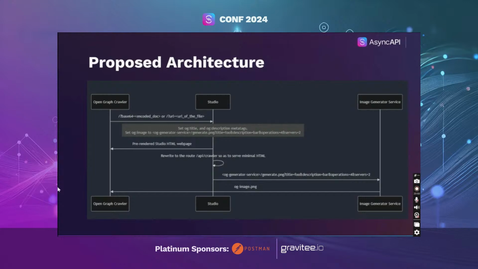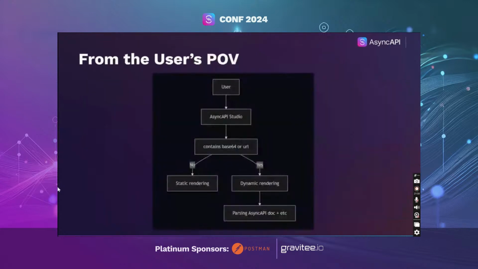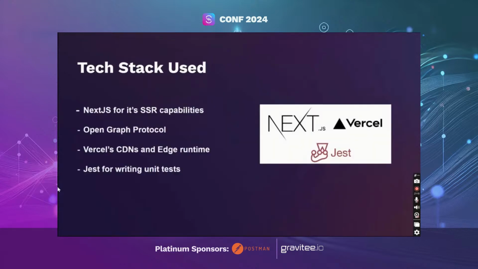A lot of the content is being generated directly on the server, which has decent computational capability. Hence we can extract these Open Graph tags directly on the server itself, where the Studio is getting pre-rendered. So Next.js was mainly for its server-side rendering capabilities.